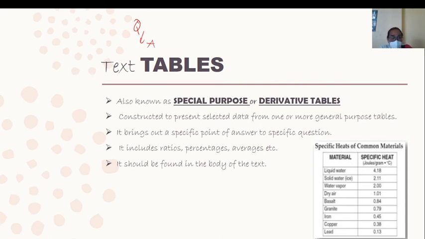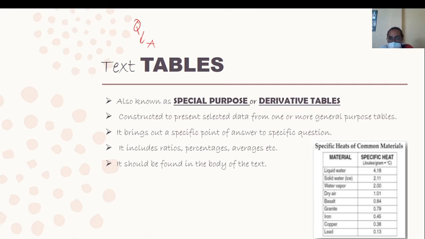For example, I ask you, what is the specific heat of liquid water in joule per gram per degree, calories. Here, pwede natin i-include yung ratios, yung percentage, or average. For example, kaya sabi nila, it brings out a specific point of an answer to a specific question.